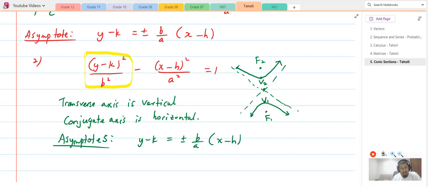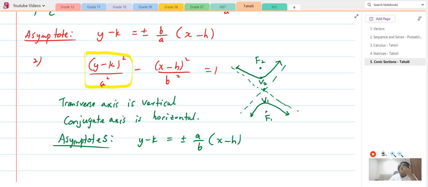Now if you put it as a and b, then obviously you need to change it around here. So let's just make it a squared and b squared, right? Then I have to change it here. Under the y is a, so a over b in this case.